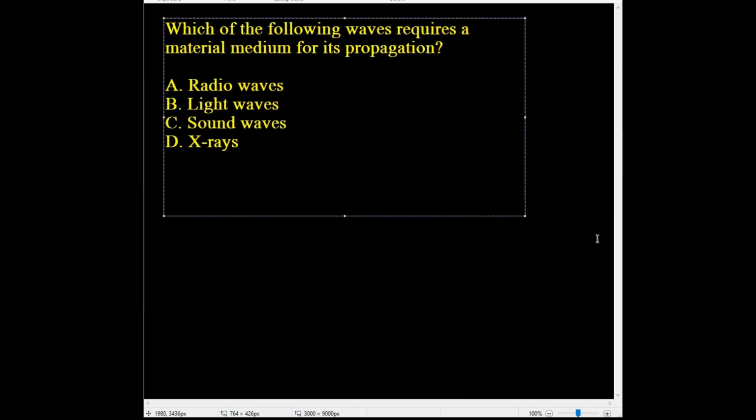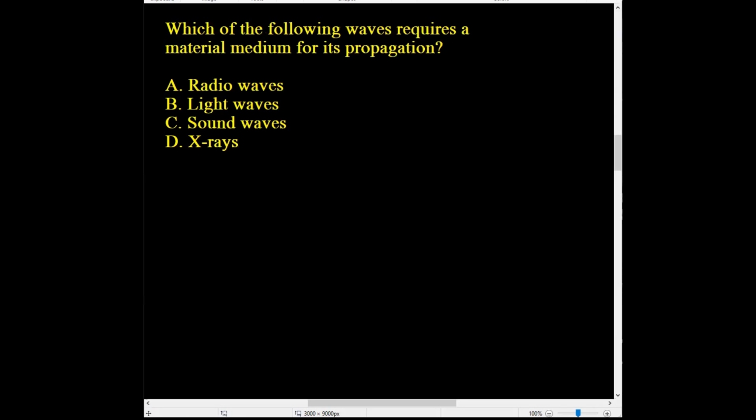Mercy, check this. Which of the following waves require a material medium for propagation? Mechanical waves require a material medium for propagation. So the light will not require a medium.